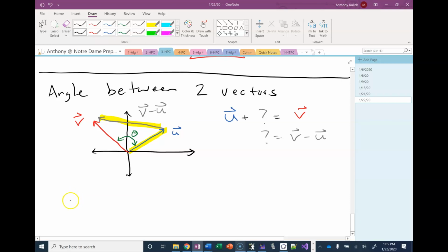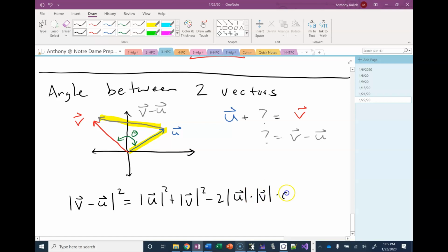So I can say that the magnitude of v minus u squared is equal to the magnitude of u squared plus the magnitude of v squared minus 2 times the magnitude of u times the magnitude of v times cosine theta. That's the law of cosines.